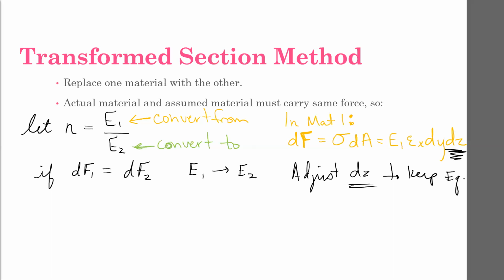Because if you start extending things vertically, then the y value is changing, and now your strain is changing, and the whole thing is falling apart. But if we keep everything at the same vertical elevation so that it has the same strain value, then we can just toggle E1 and dz and come up with an equivalent area that carries the same amount of force.